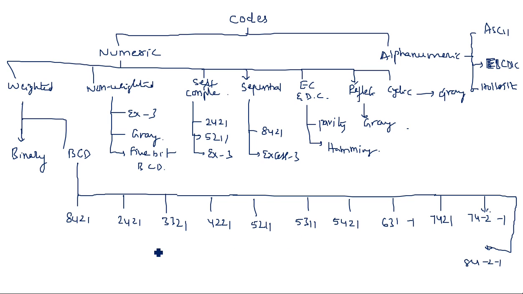Suppose consider 5 as 0101. This is 8421. We can take 8421 code, and this is 5. For the same, if you are going for 2421 code, 2421 means 2, 2, 4 plus 1.